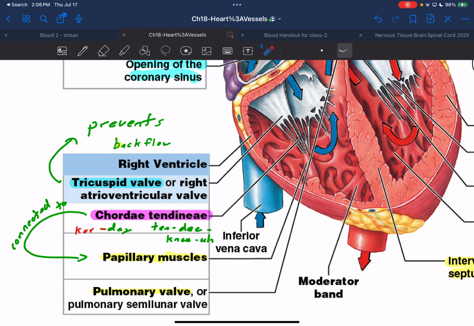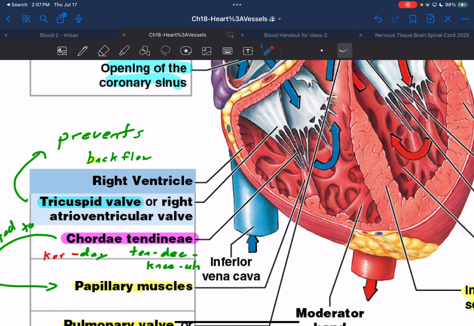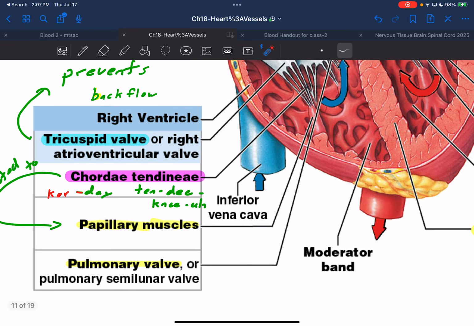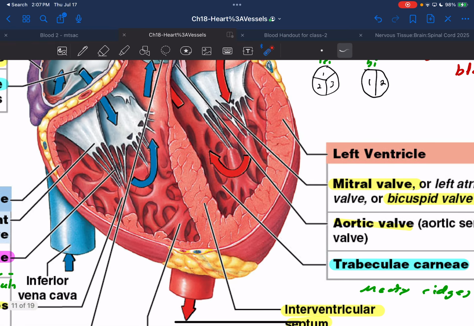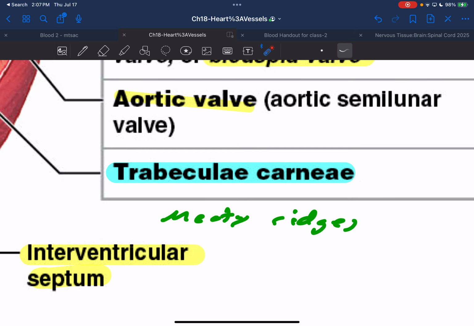Now, as you make your way through, you'll see that these valves are connected to these strings. These strings are attached to cardiac muscle. But the cardiac muscle inside kind of looks like spongy bone. Do you remember what we called the spongy bone? This appearance? We called it trabeculae. And so these structures, because of the shape that you are seeing on these heart walls of the ventricles, this is all called trabeculae carneae, highlighted in blue.